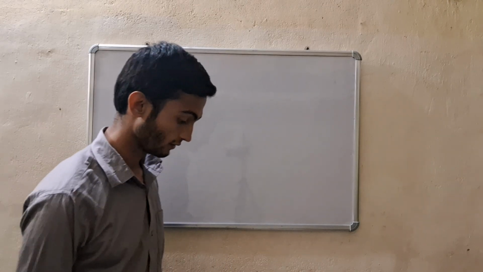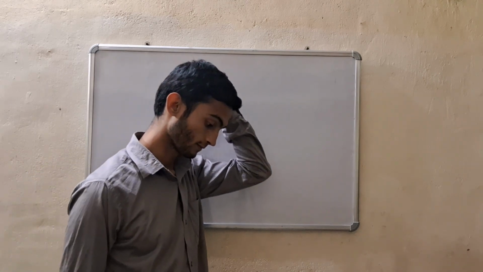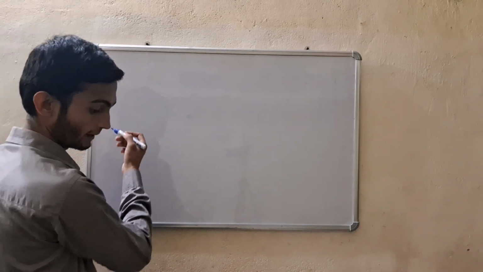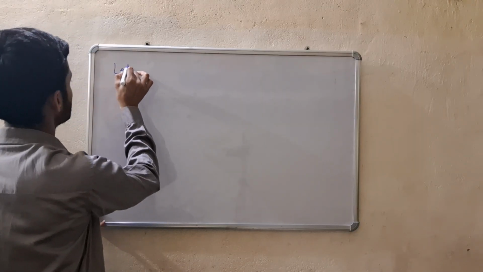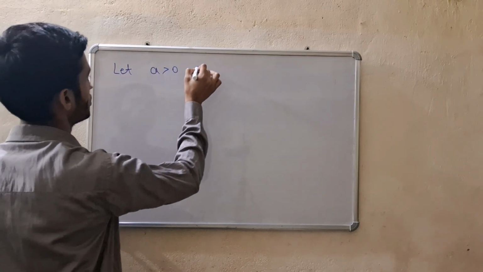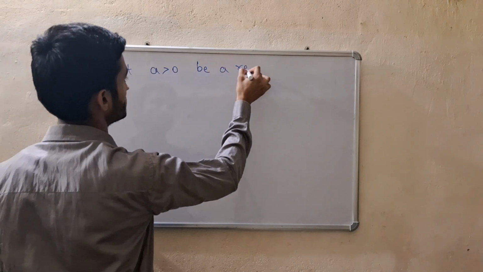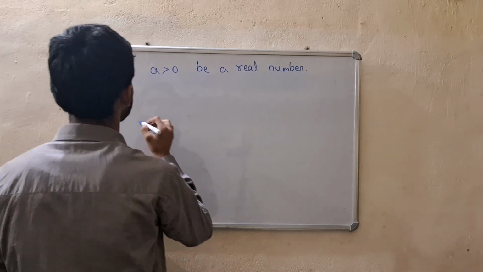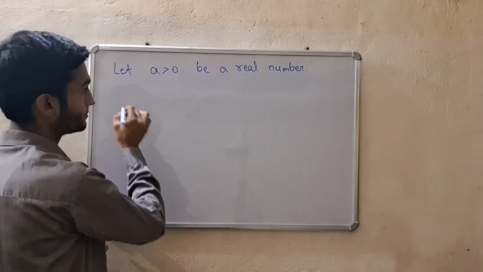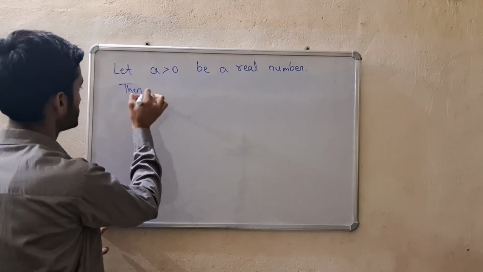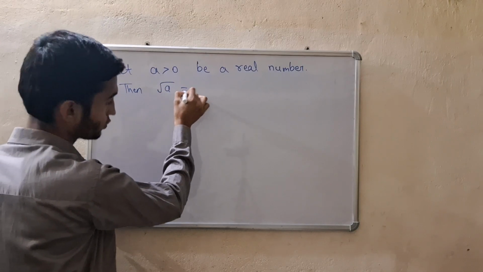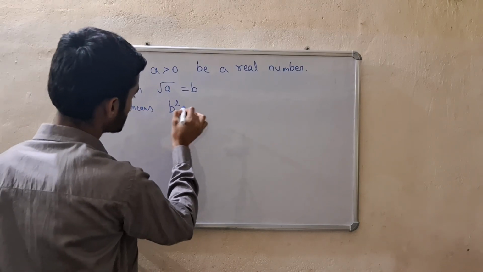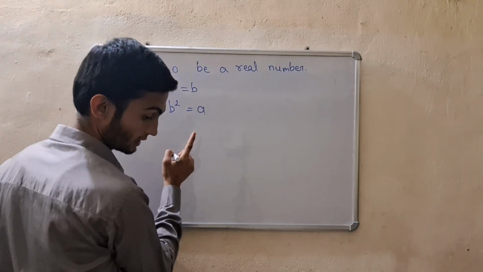One thing I would like to mention here is, let a greater than 0 be a real number. Then if we say square root of a equals b, it means that b squared equals a, and b is greater than 0.